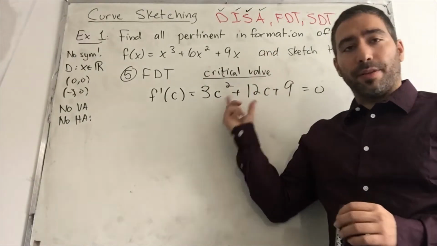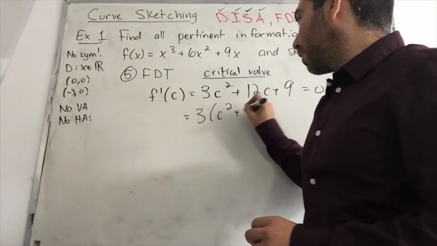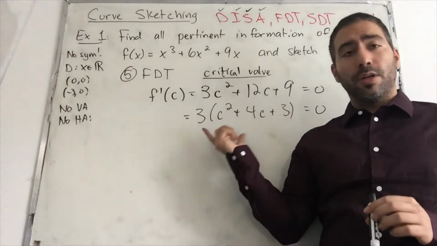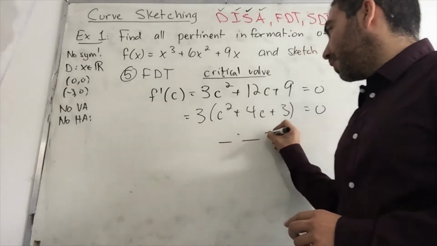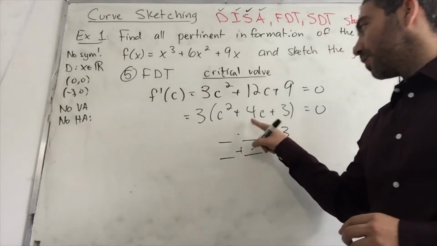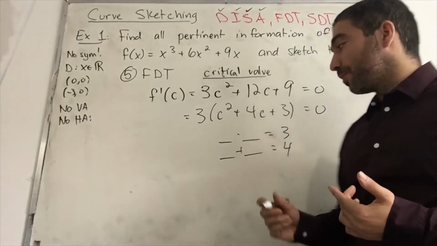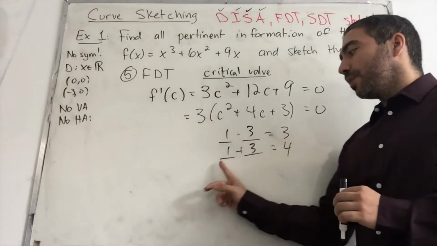Here we could factor out a 3. Let's go ahead and do that. Factoring out a 3, we get 3 times c squared plus 4c plus 3 equals 0. Now we can use the product-sum method. We need two numbers that multiply to give us 1 times 3, which is 3, and those same two numbers add to give us 4. The only factors of 3 are 1 times 3, so it has to be this combination. 1 times 3 is 3, 1 plus 3 is 4.